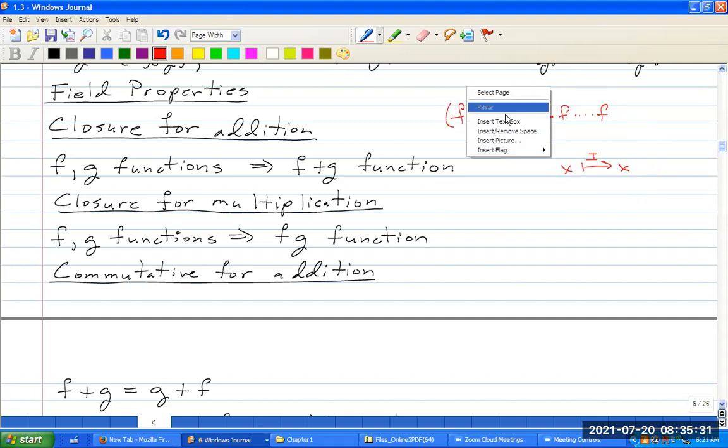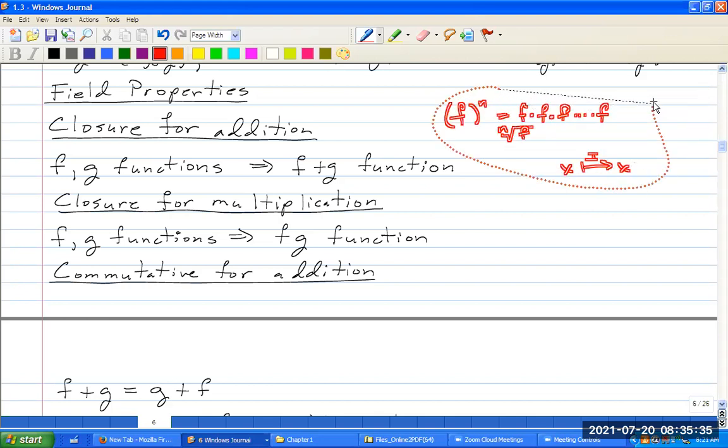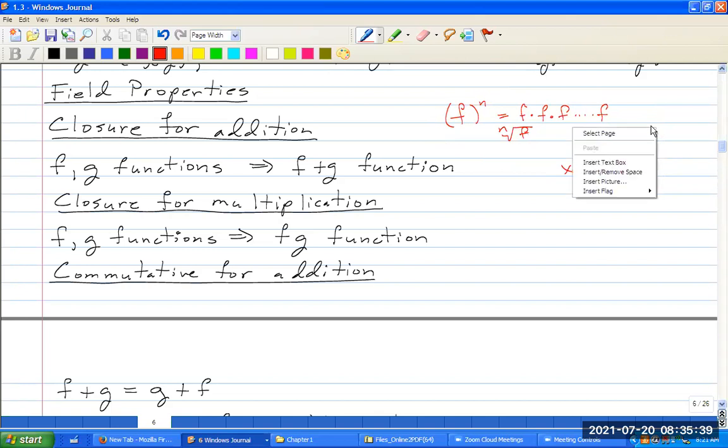Okay, let me give you some properties for this calculus.